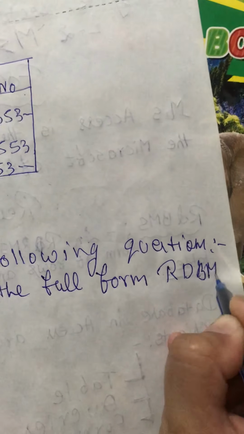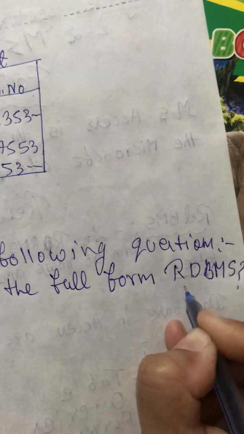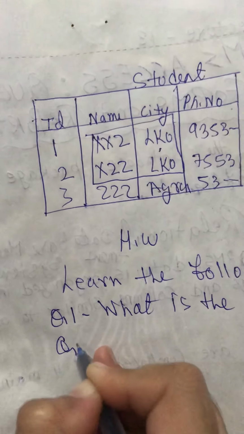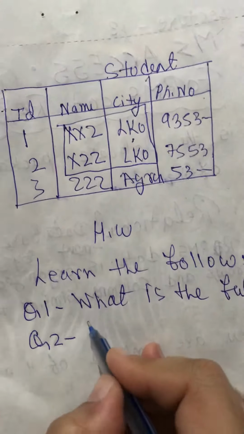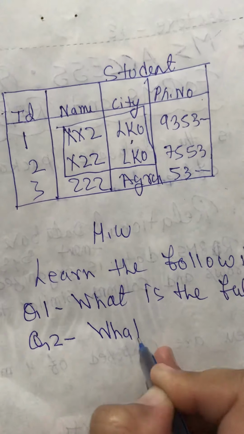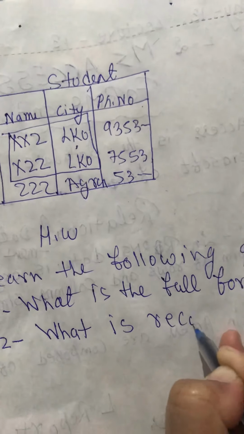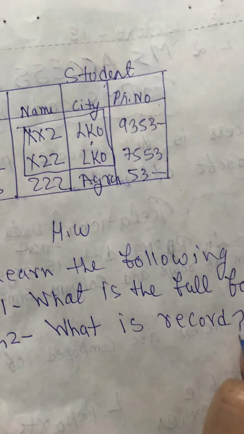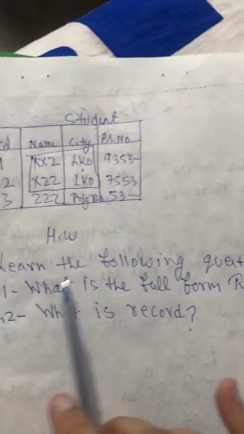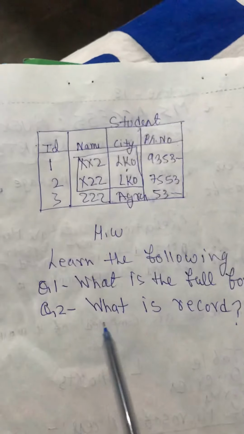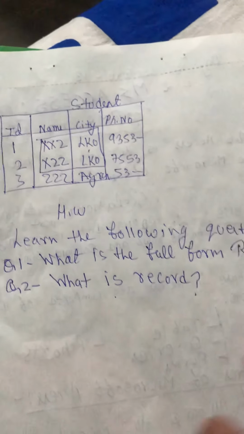And the second question is, what is a record? These two questions. First is what is the full form of RDBMS, and second is what is a record.